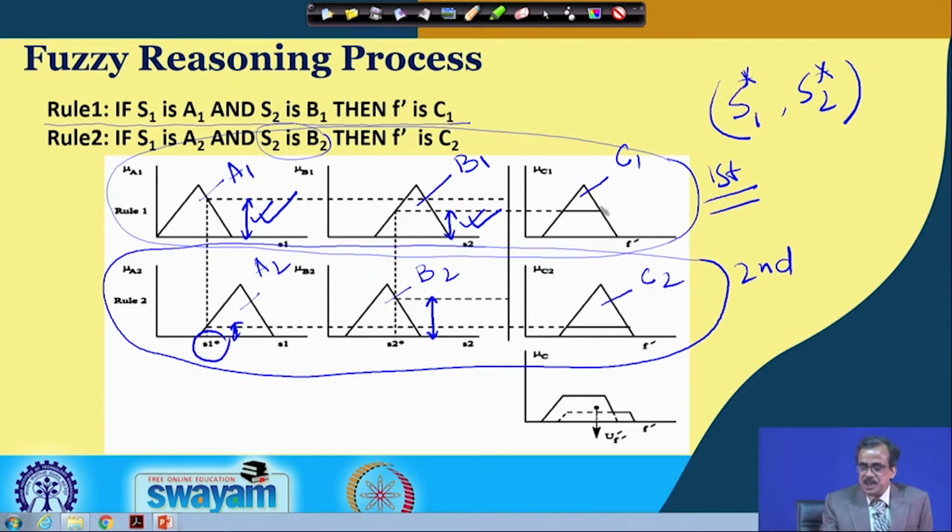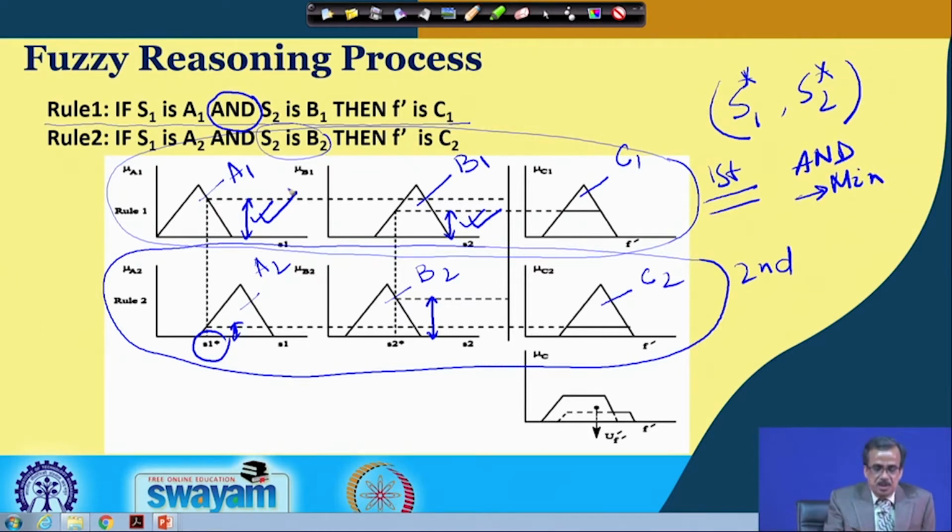That means this is the membership function distribution for this output. Now, once again if you concentrate on rule 1, the first fired rule, here we have one AND operator, and the AND operator is the minimum operator.